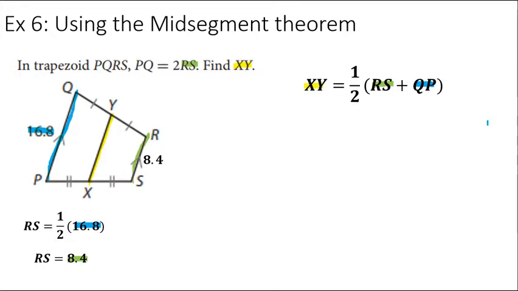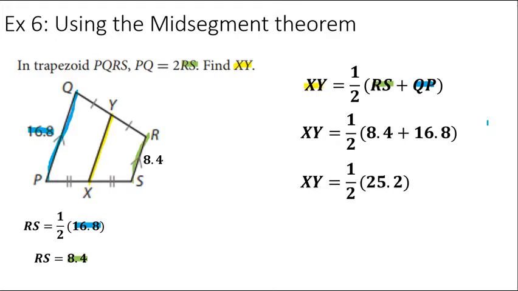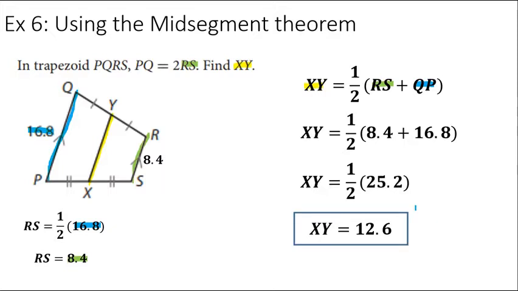We don't know what XY is yet, but we know RS is 8.4 and QP is 16.8. So we add the two together, which gives us 25.2. And to solve for XY, we just take half of 25.2, which gives us 12.6. So XY is equal to 12.6.